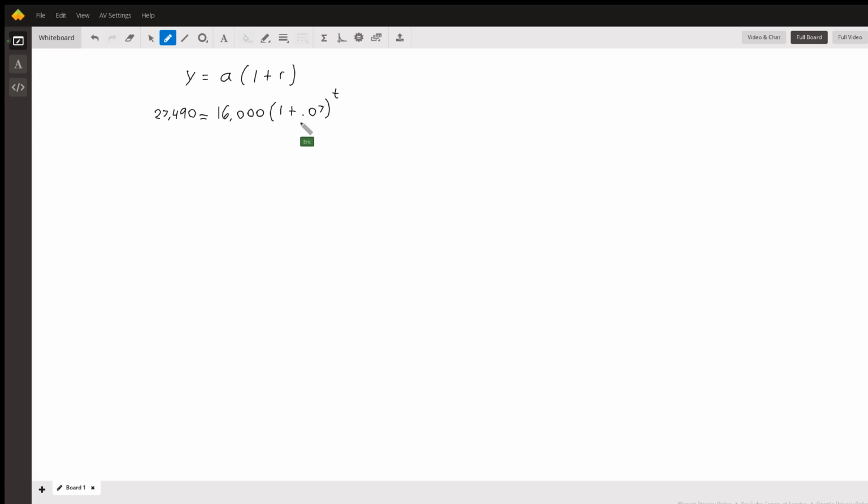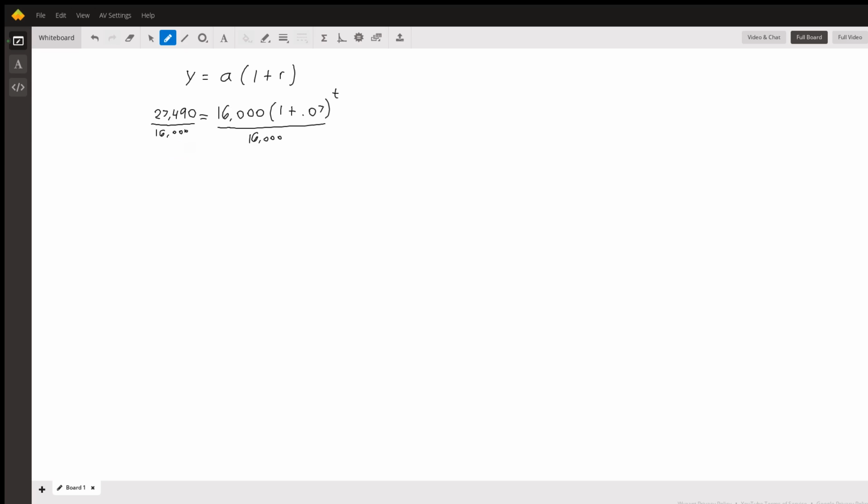So we have 27,490 equals 16,000 times 1 plus 0.07 to the t. Now, to solve for t, we're going to have to use logarithms, but before we do that, we want to get this term by itself, so we divide both sides by 16,000.